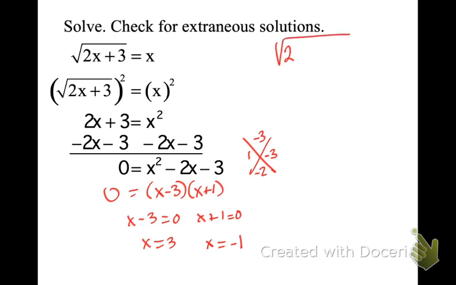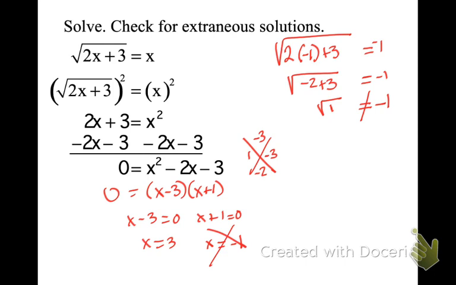2 times -1 plus 3, does that equal -1? So I end up with -2 plus 3 equals -1. The square root of 1 is not equal to -1. So this doesn't work.